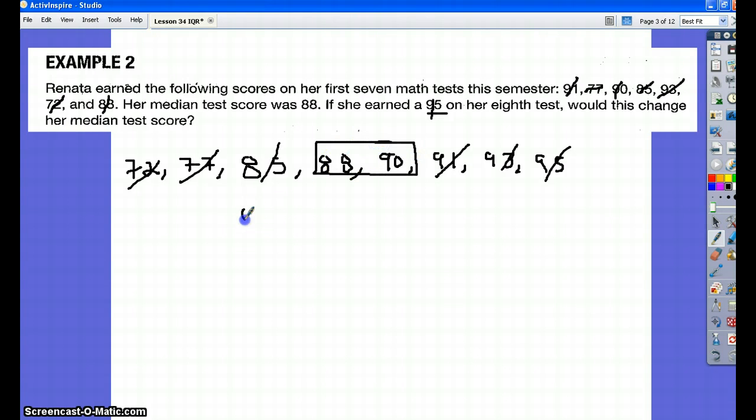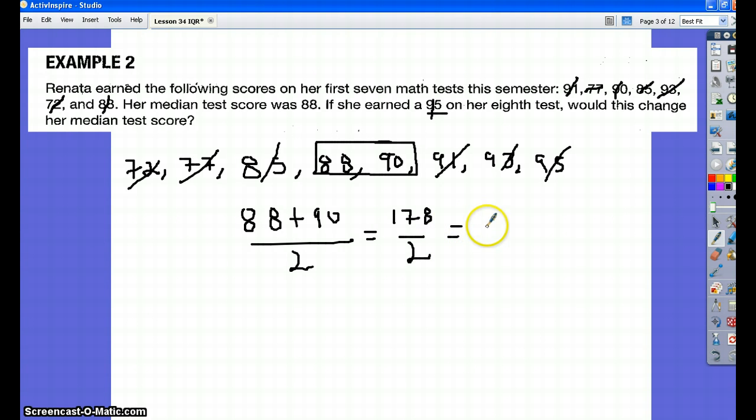And so what you do is you just take the average, or the mean, of those. So 88 plus 90, divide that by 2, equals 178 divided by 2, which equals 89.